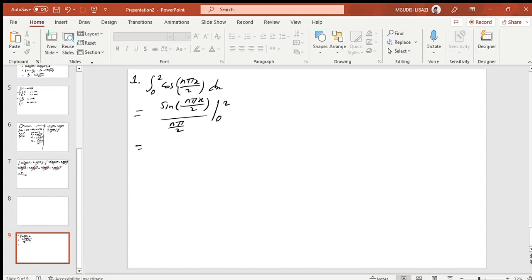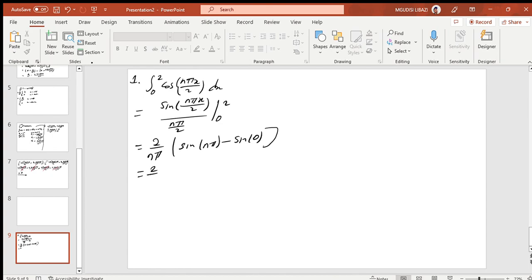According to the fraction laws, that's going to be 2 over n pi, and we can take it out as a common factor. We put sine of n pi, now we substitute the higher limit, minus sine of 0 when we're substituting the lower limit.